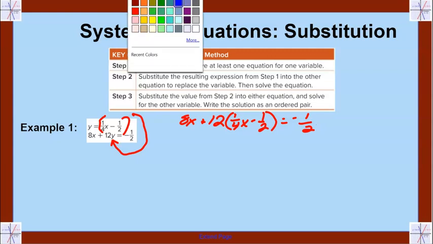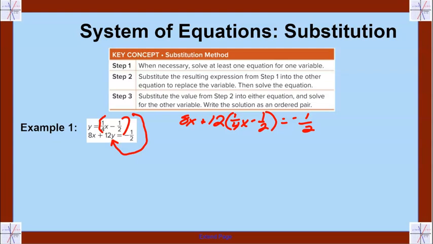Now I'm going to get rid of my parentheses by distributing the 12. So right now I have 8x plus 12 times 1 is 12, divided by 4 is 3. So plus 3x, and then minus half of 12 is 6.